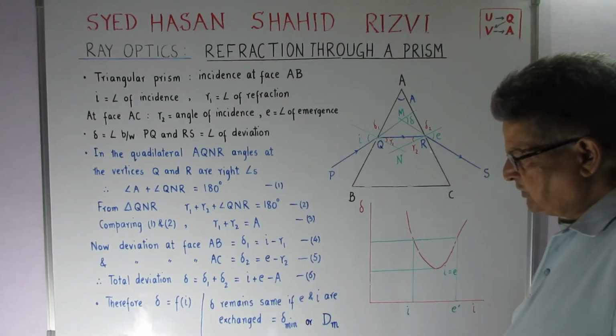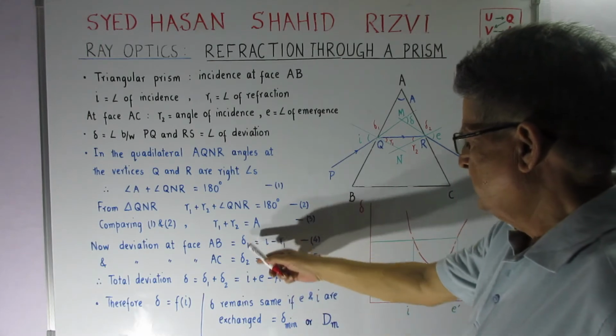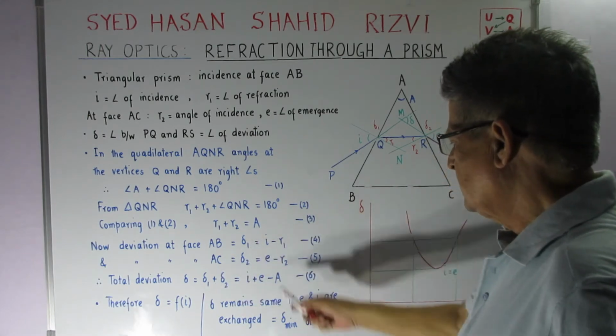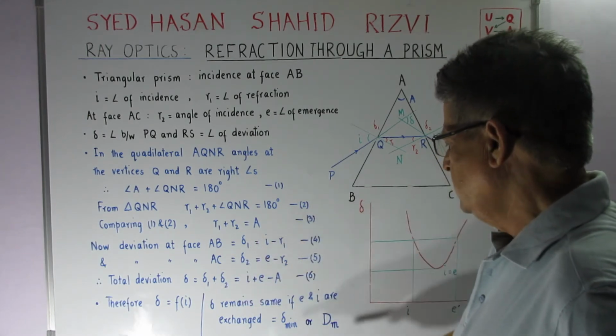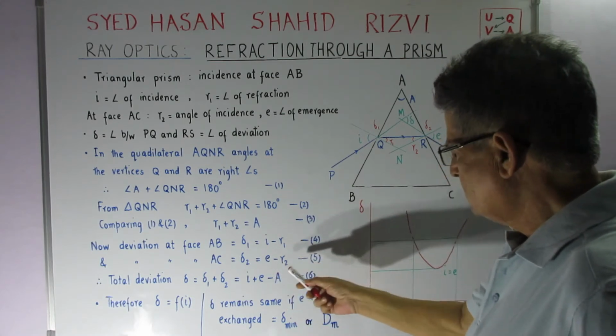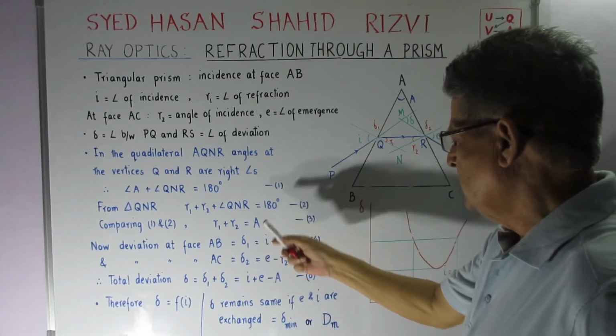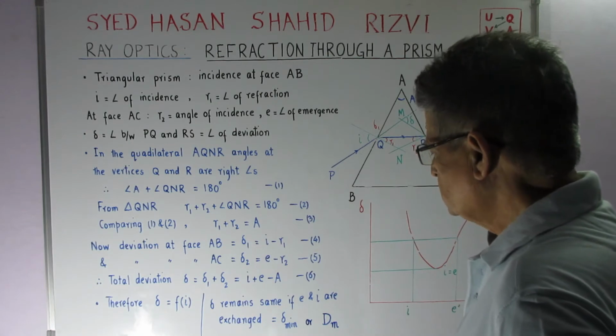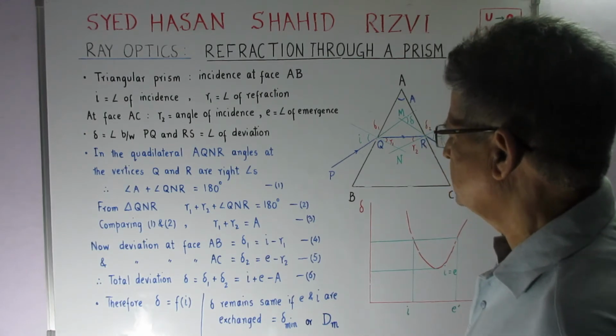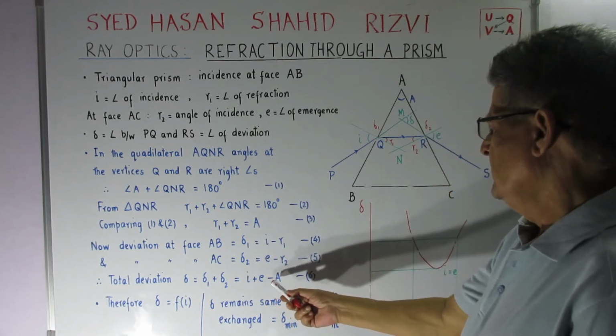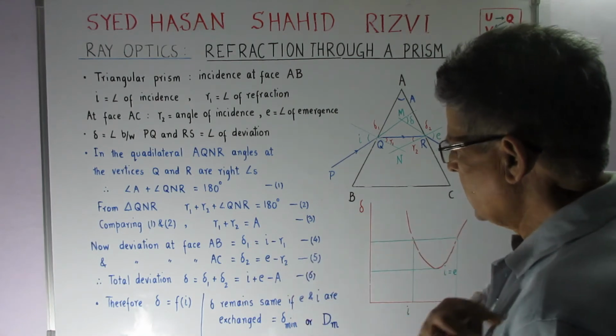So the total deviation is equal to this plus this, and that turns out to be equal to I plus E minus R1 plus R2, which is equal to A. So the total deviation is the sum of the incident angle and the emergent angle minus the angle of the prism.